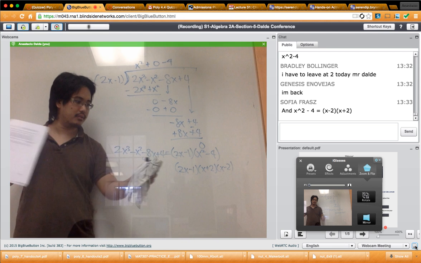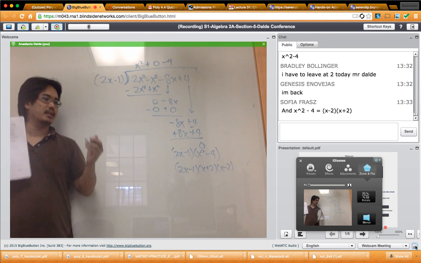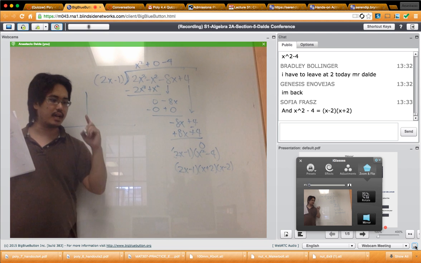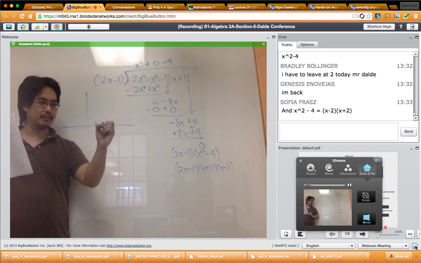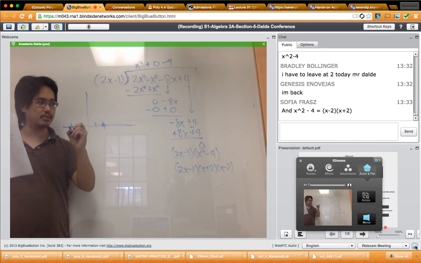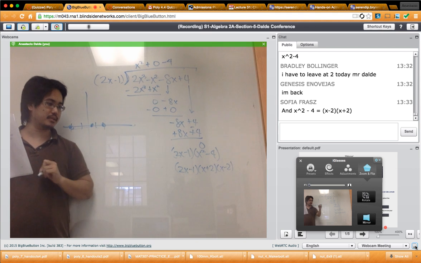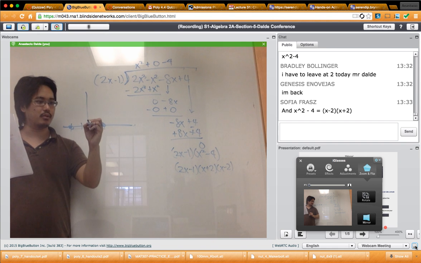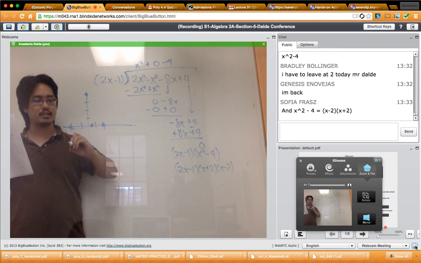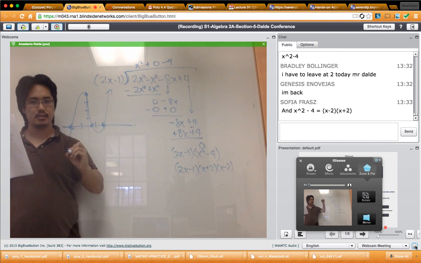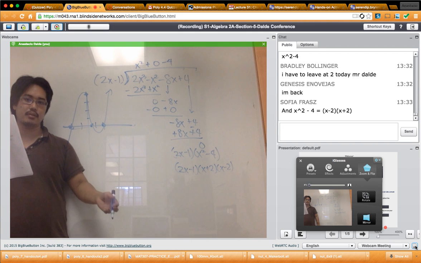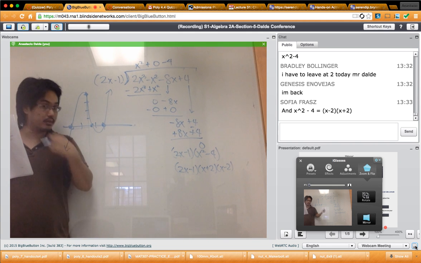If it's all right with you, I'd like for you guys to check this on Desmos for me, but I would venture to say that the graph probably looks something like positive 2 intercept, negative 2 intercept, positive 1/2 intercept. The y-intercept is at positive 4. I would venture to say that my graph should look something like this. I might not get it perfect, but I hope I get something close. Why don't you guys Desmos that and tell me if I'm even close.